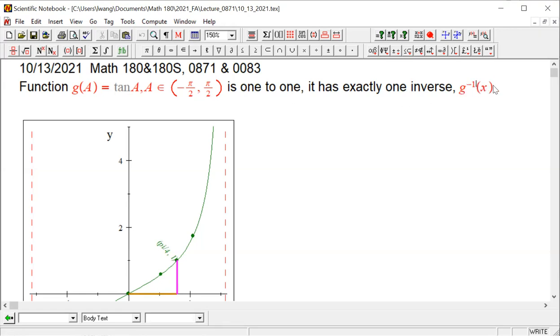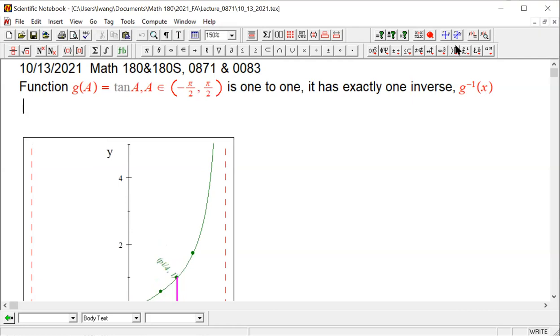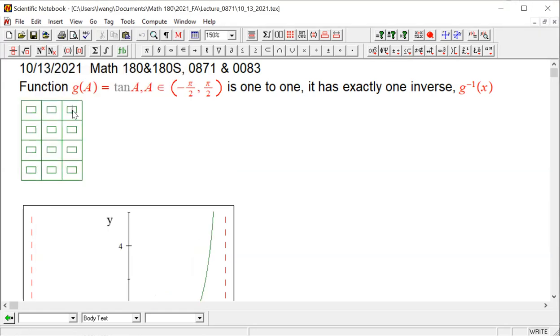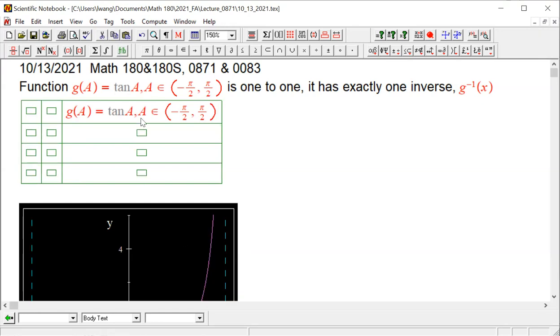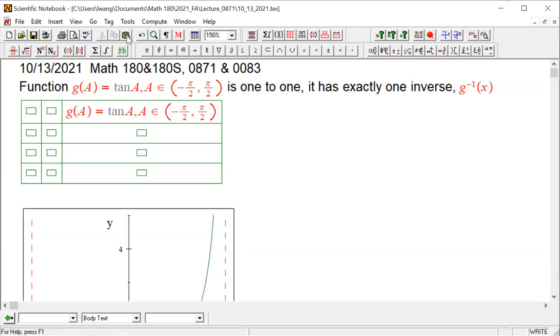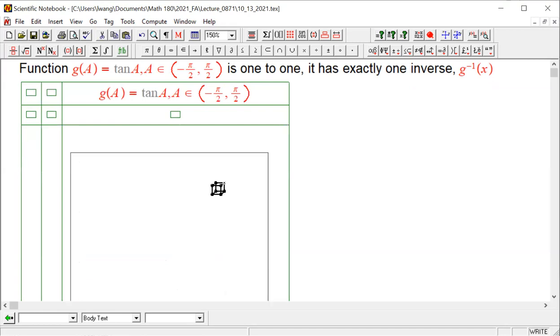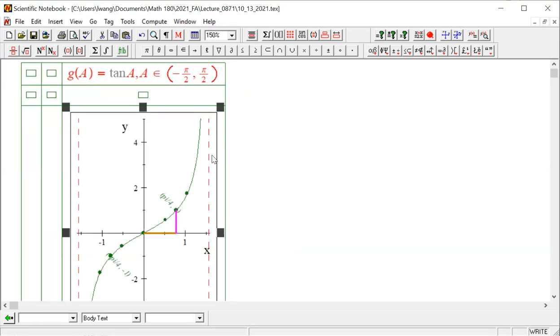Before we give any name to this g inverse, we already know the domain and range. So what will be the domain and range of this function? We have g with that domain, with that picture, and we have plotted the points, so we know everything about it.